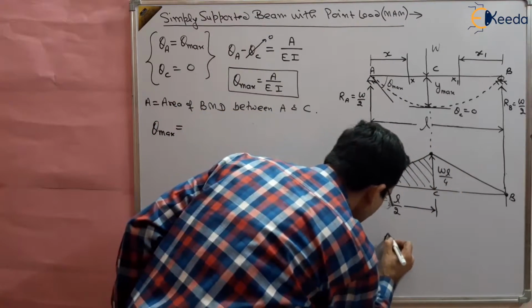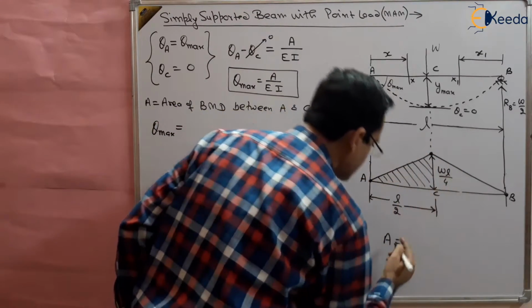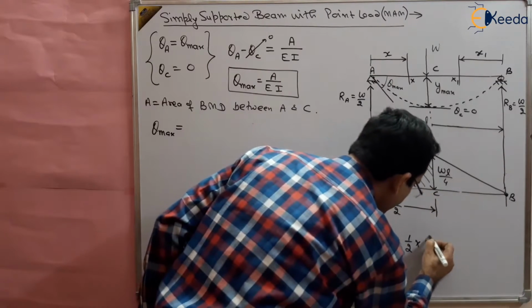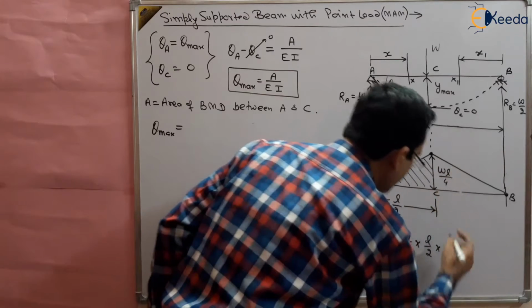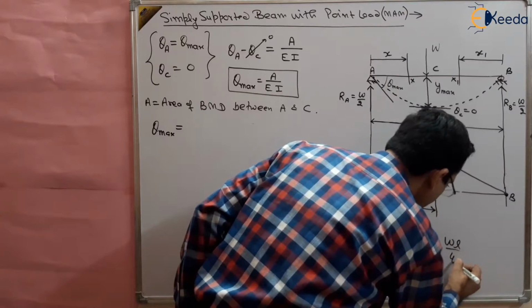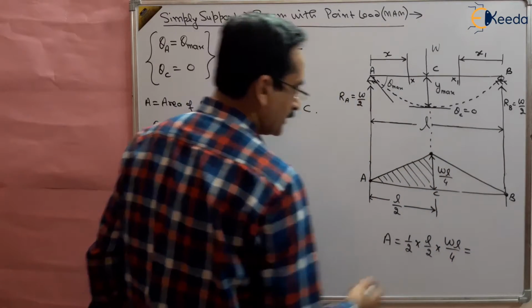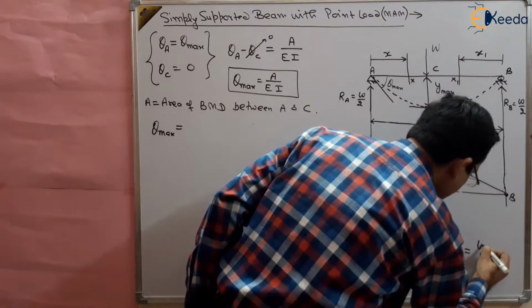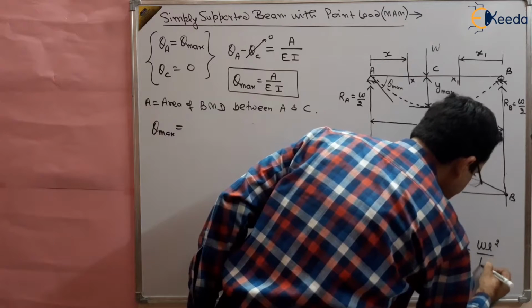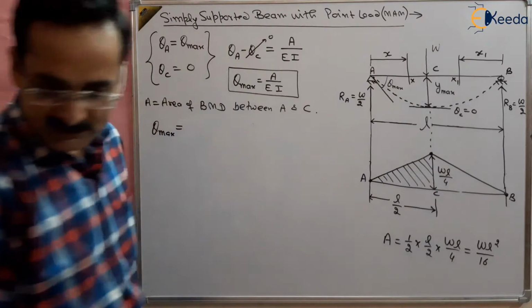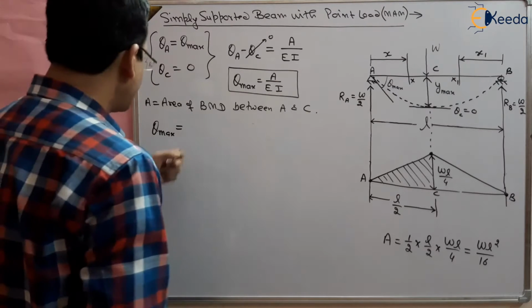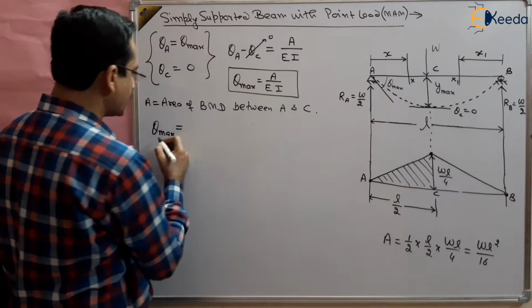So area of this part between A and C will be equal to half multiplied by base L by 2, multiplied by height WL by 4. So this will be equal to WL square by 16, right? So this is the area, WL square by 16. So put here WL square by 16, you will get the theta max.